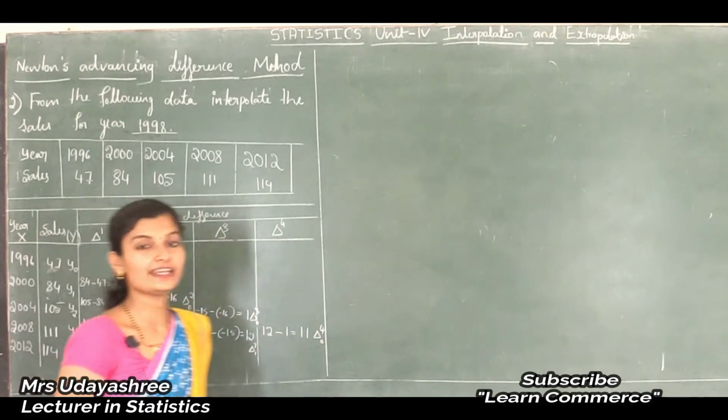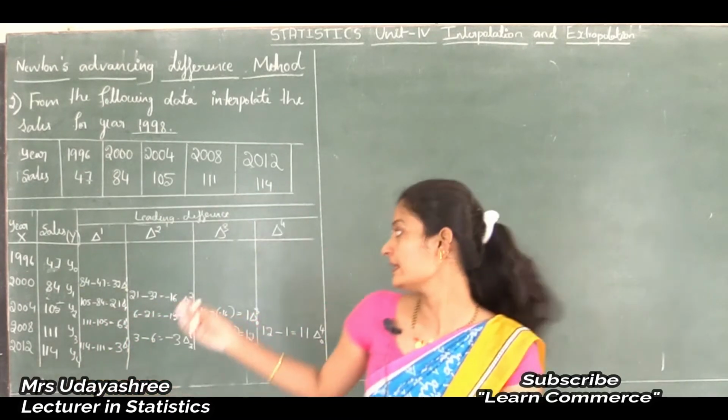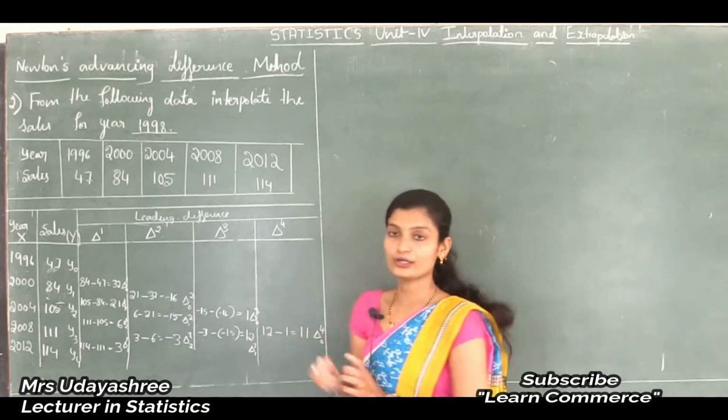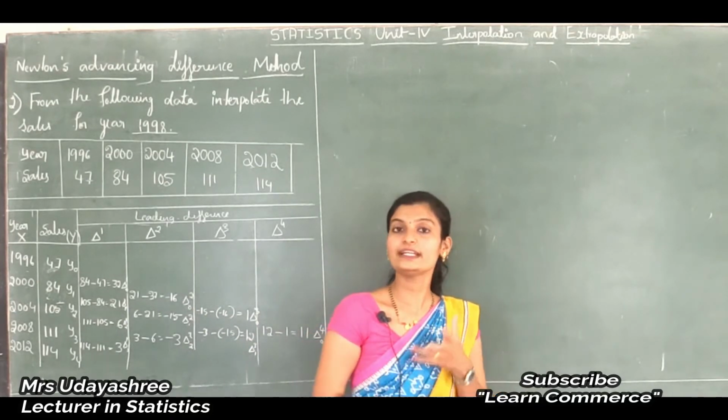Next we need the x value. Here we got delta 0 1, delta 0 2, delta 0 3 and delta 0 4. Now next we need the x observation.